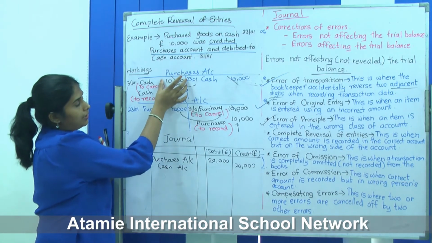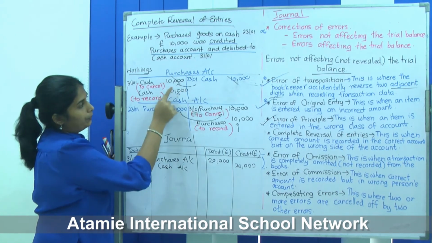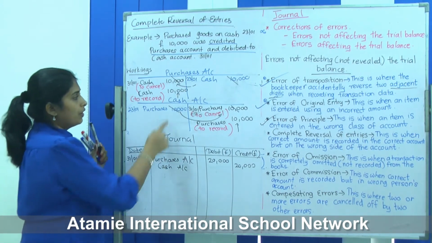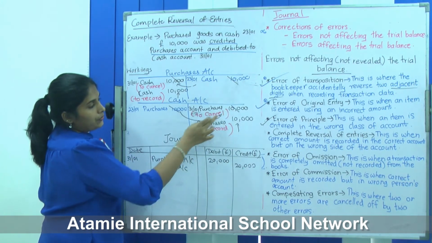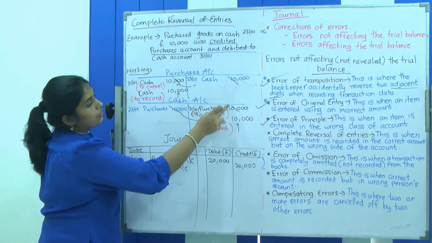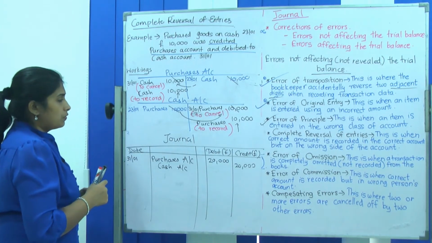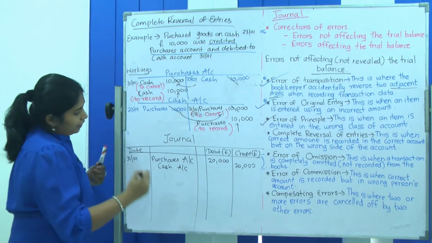To correct the error, 20,000 should be debited to the purchases account, and the cash account credited by 20,000: 10,000 to cancel and another 10,000 to record correctly.